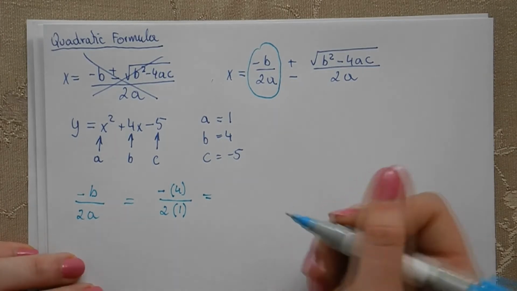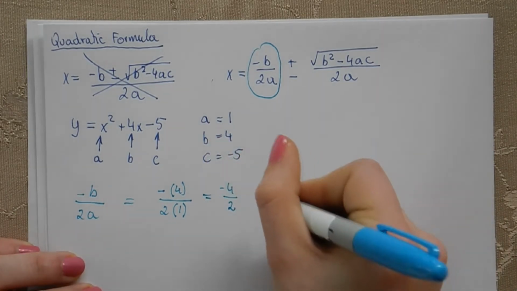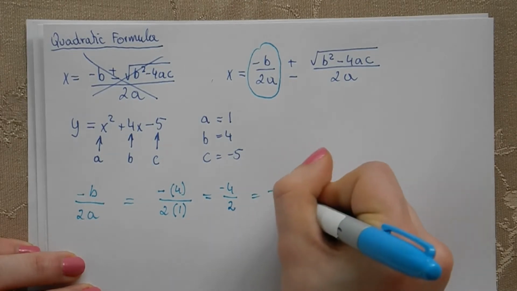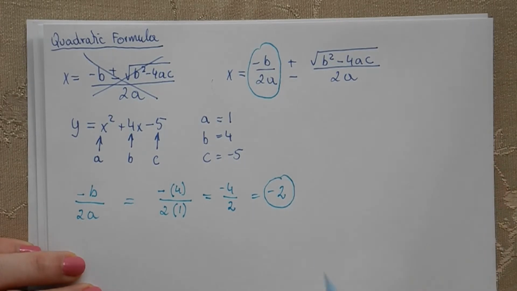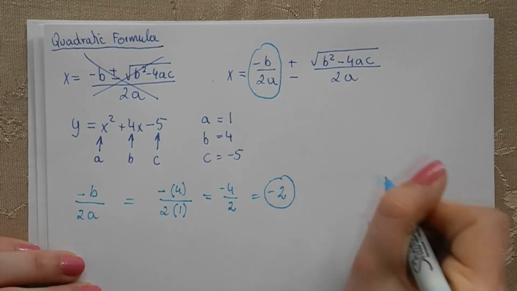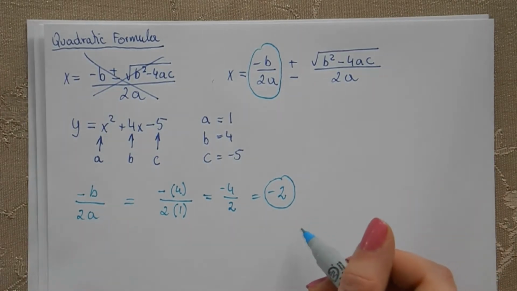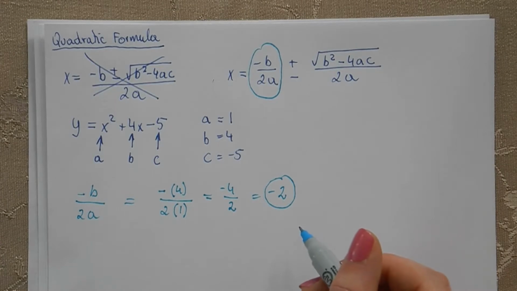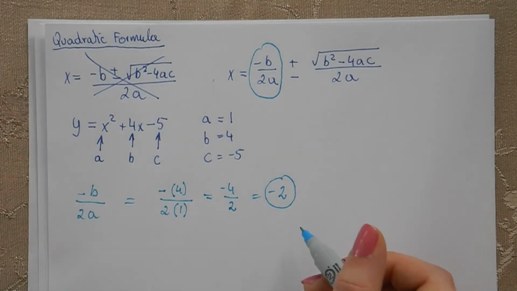That gives us negative 4 over 2, which is negative 2. This tells us that the line of symmetry goes through x equals negative 2, and this also gives us the x-coordinate of the vertex, which is the lowest point of the parabola.